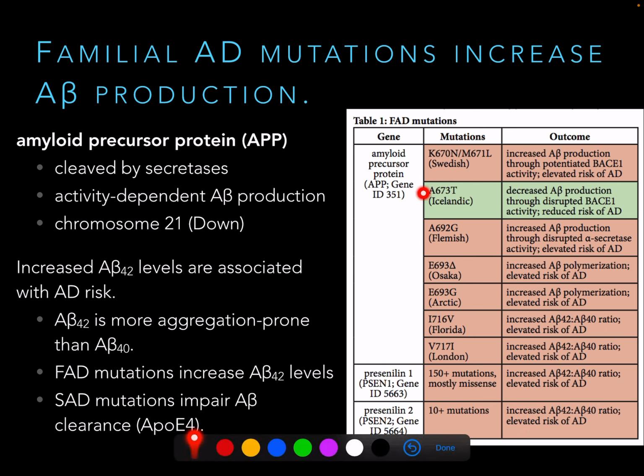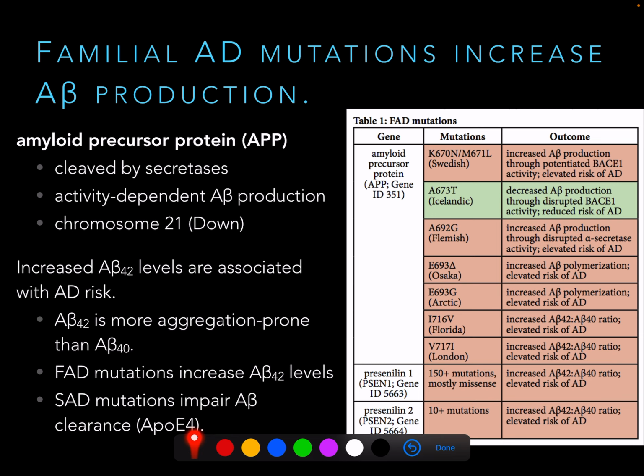There's one green one here that actually decreases the risk of Alzheimer's disease, and what it does is mutate that beta secretase cut site so that beta secretase doesn't cut as often. So this Icelandic mutation here actually decreases the risk of Alzheimer's disease by decreasing A beta production.